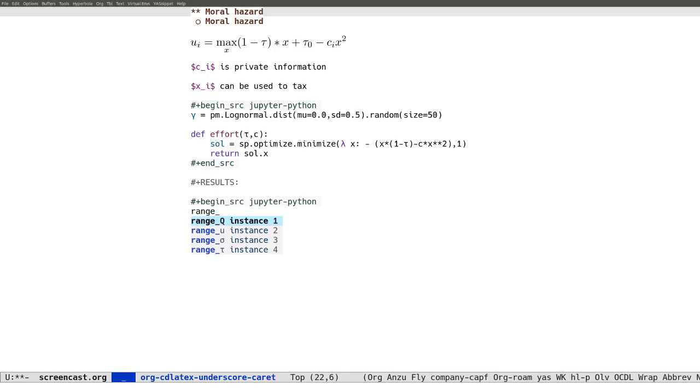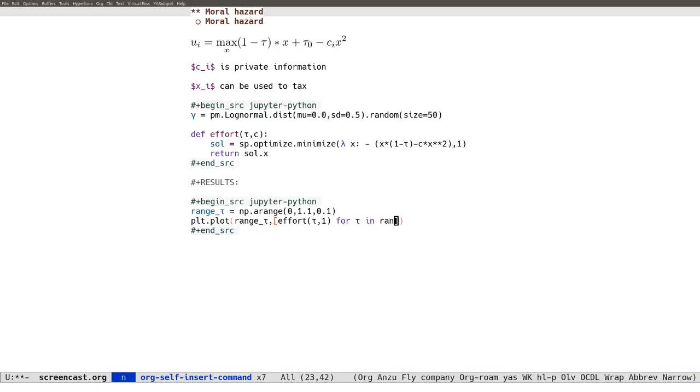So I'm going to define a range of tau, which is going to be a numpy range between 0 and 1 in steps of 0.1, and then we're going to plot the range of tau and the effort that is invested for each level of tau for an agent who has Ci equal to 1.